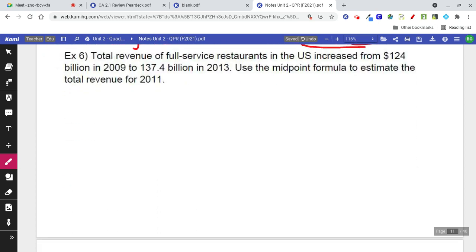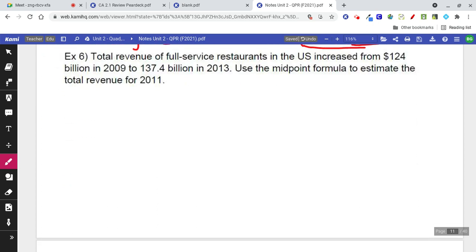It's a tough one. Number 6, total revenue of full-service restaurants in the U.S. increased from $124 billion in 2009 to $137.4 billion in 2013. Use the midpoint formula to estimate the total revenue for 2011. So notice that 2011 is in the middle of those 2 years. So all we're doing is finding the middle of those two dollar amounts. That's really all we're doing. Okay.